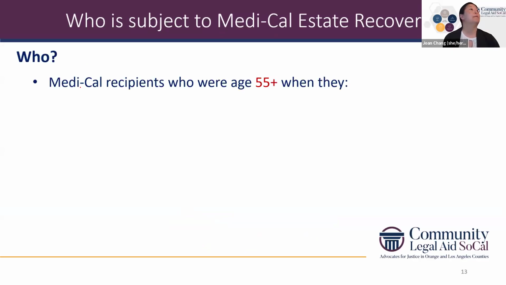Okay, so let's break it down. Medi-Cal recipients who are age 55 and older when they received inpatient nursing facility care. So if they were 60 years old and Medi-Cal paid for any sort of nursing home care, they may be in danger of Medi-Cal estate recovery.